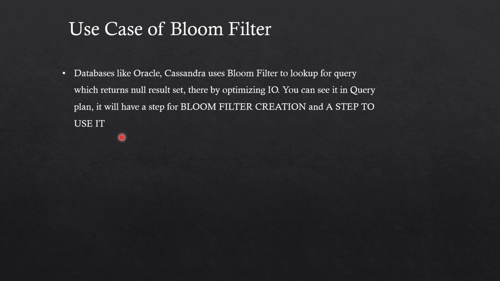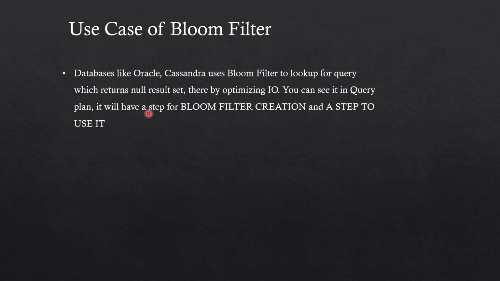The first operation it will do is check whether it is present or not. If it is not present, straight away from the Bloom filter only it will return the result. It will not even go and check the table whether those values are present or not. So this operation takes place in memory, and the operation will be really fast.